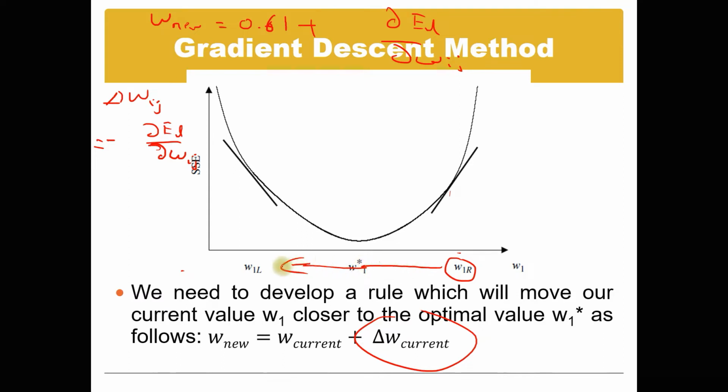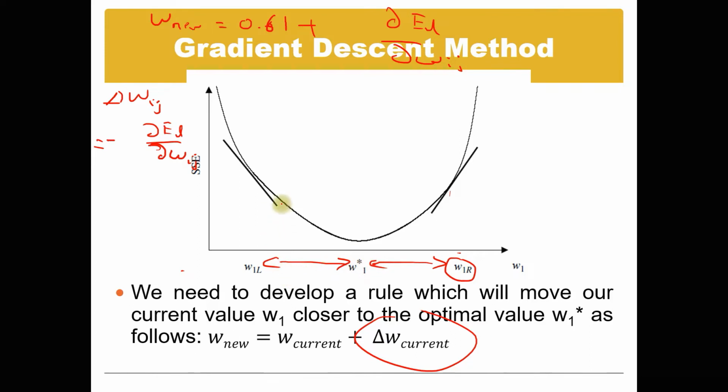If you have a certain distance between the optimal solution and this W1R, you will move around the same distance to the left.